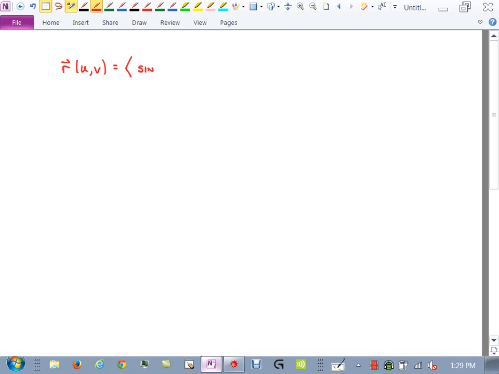It was sine u cosine v, sine u sine v, cosine u. And here our restrictions were what? Was u between 0 and 2 pi, or which one was between? Okay, 0 to pi on u and 0 to 2 pi on v.